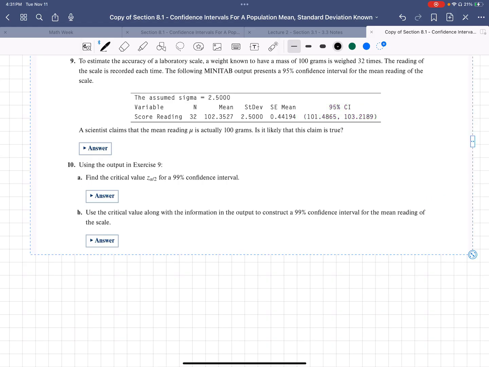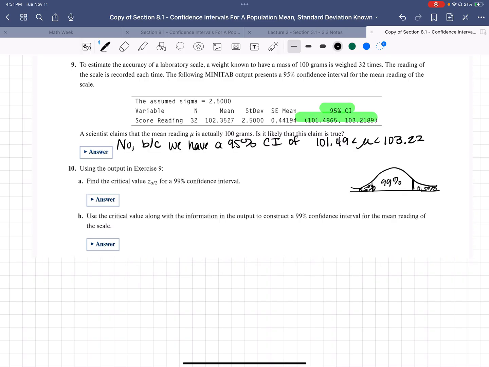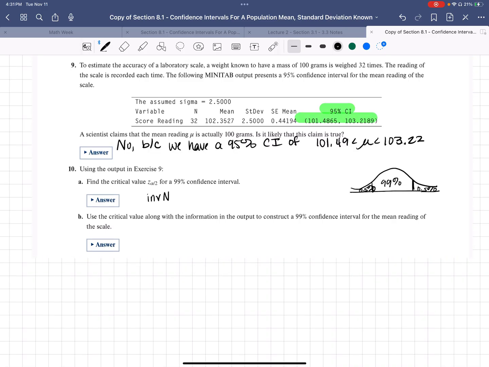So I'm doing an inverse norm of 0.995. That's 0 to 1. And that should give me 2.5758.